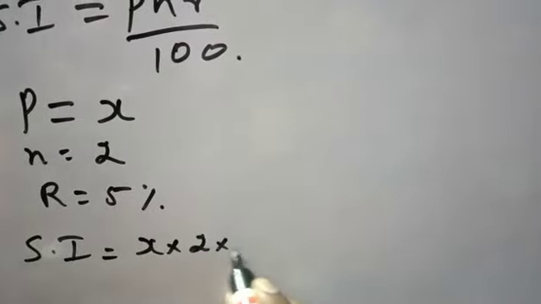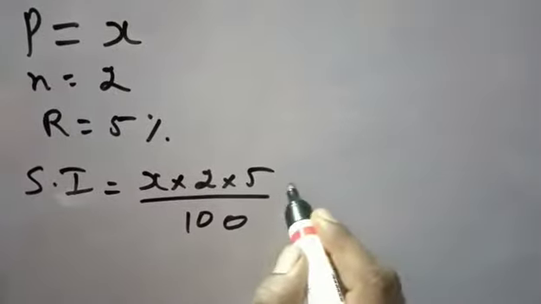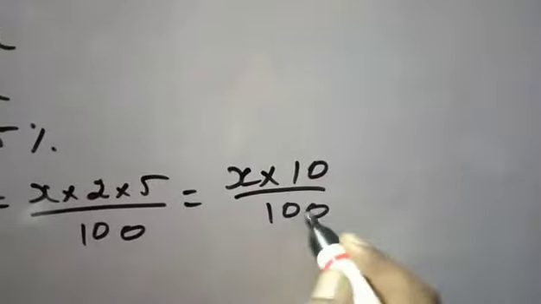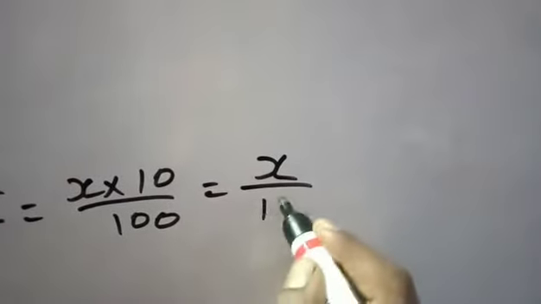So simple interest equals x into 2 into 5 by 100, x into 10 by 100, x by 10.